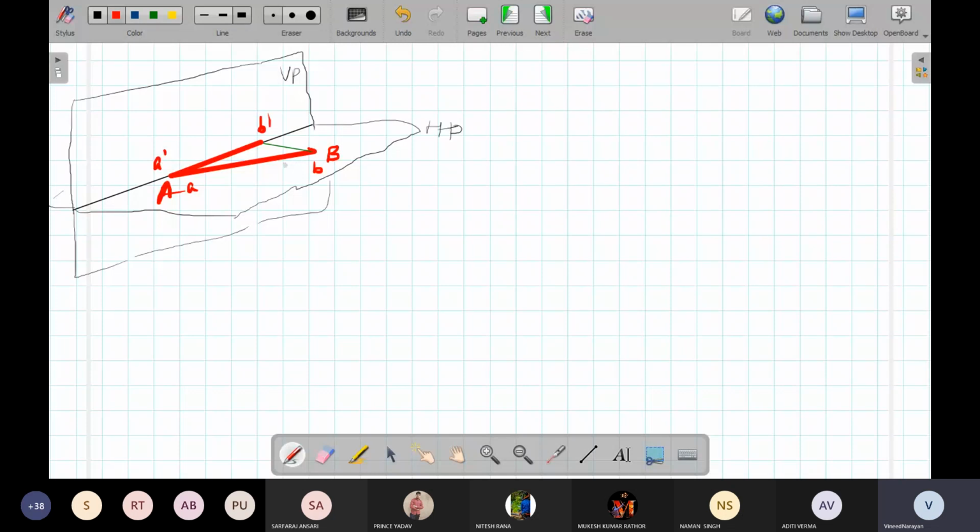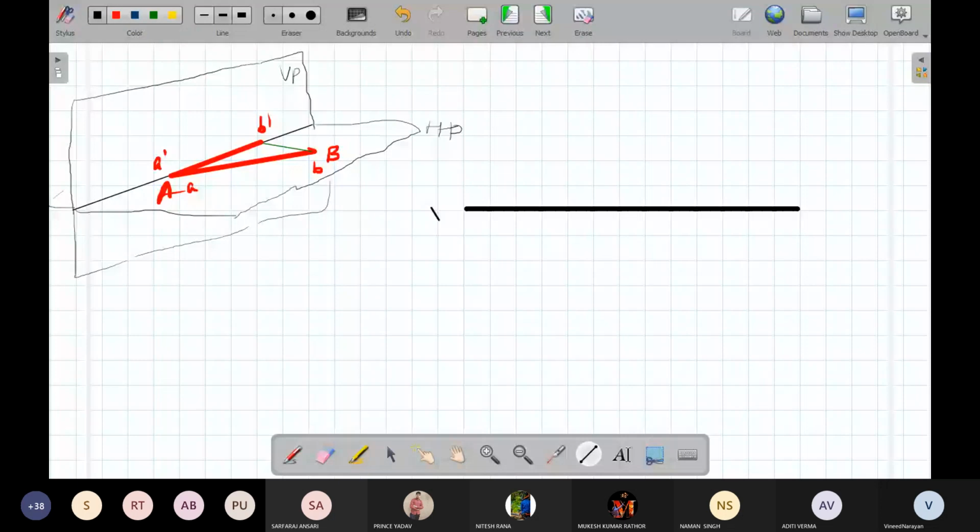So I try to project. This is called orthographic projection. Then, we do not know the length of A dash, B dash.